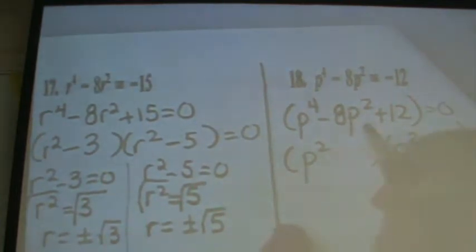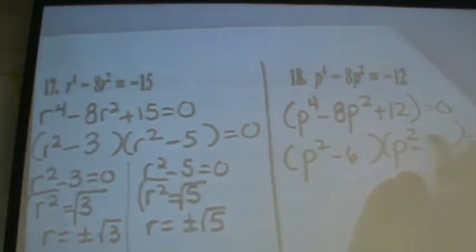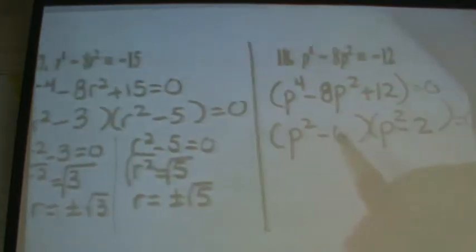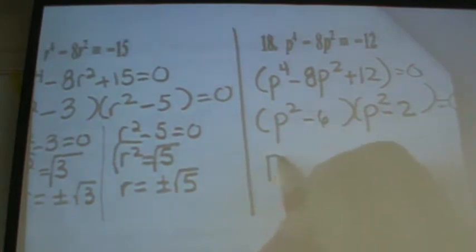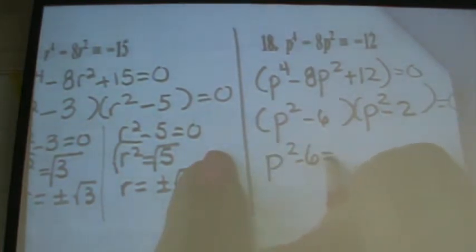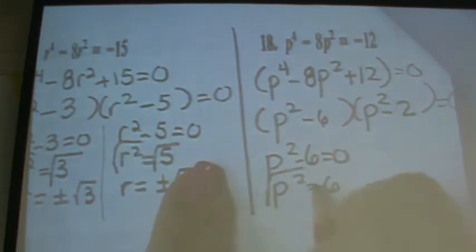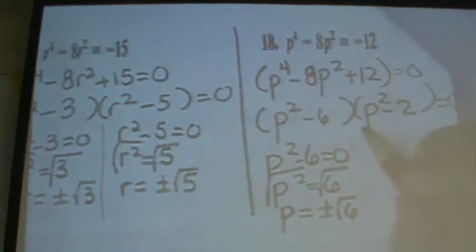Well, we have 6 and 2, so it would be negative 6 and negative 2. That works. So when you set each of these equal to 0 and then take the square root of both sides, add 6 and square root. Add 2, square root.